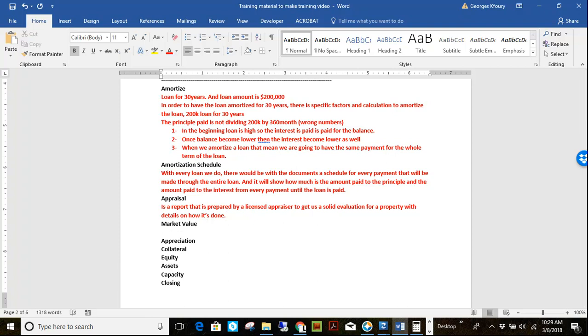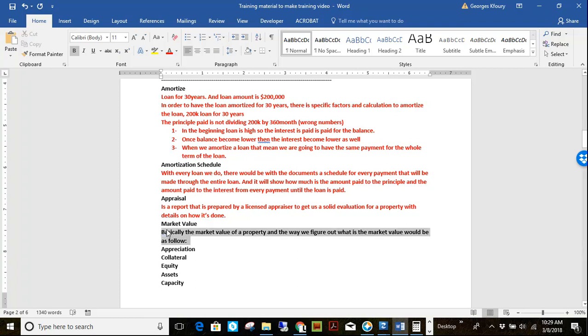Market value is basically the market value of a property, and the way we figure out the market value would be as follows.